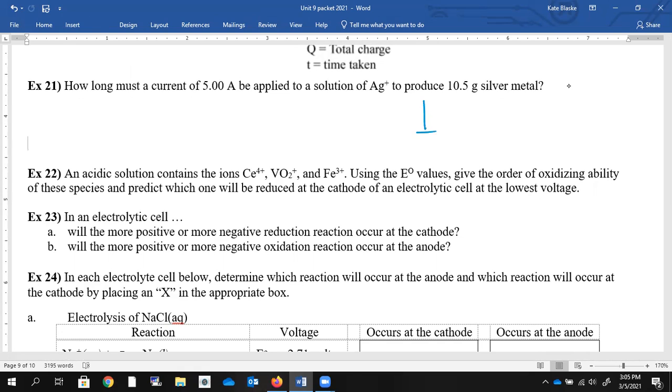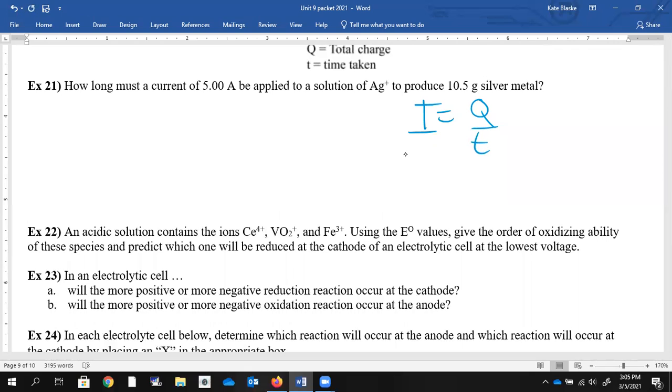So if we're going to use our I equals Q over T equation, I is our current. We do know that value. They said it was 5 amps. We do not know our Q, but we want to find our T. So we need to find some way to figure out how much charge is needed to produce 10.5 grams of that silver metal. So here's where our stoichiometry comes in.